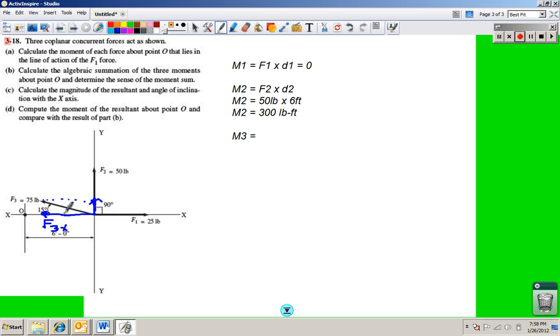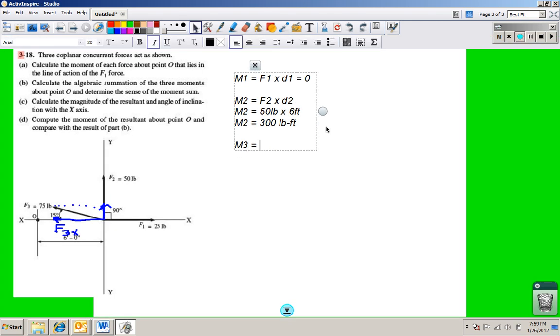F3x does not tend to cause any moment or any rotation. It is going to tend to push point O to translate it back in that direction. So the only moment due to force 3 is due to the y component. So when we go to consider this one, we only consider the y component.